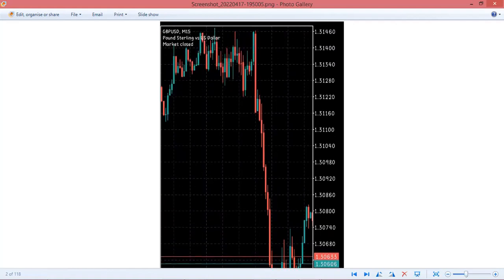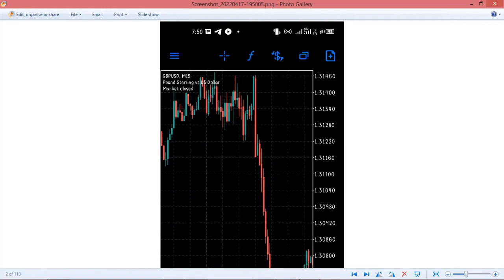Before, when the price was here, around this side, if you wanted to exchange 1 GBP for US dollar, you would be getting what? 1.31100. Do you get what I'm trying to say? When the price was here, if you're exchanging 1 GBP for US dollar, you'll be getting what?